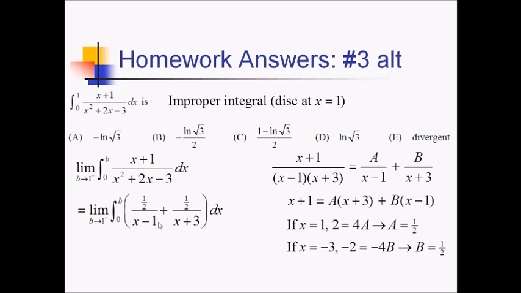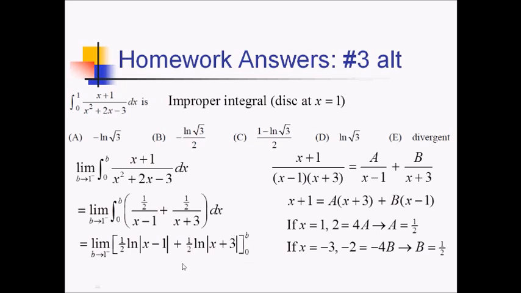Going a little bit further, taking my antiderivatives, I've got 1/2 times the ln of the absolute value of x minus 1. And I've also got, same thing, 1/2 ln absolute value of x plus 3. Still evaluating from 0 to b.